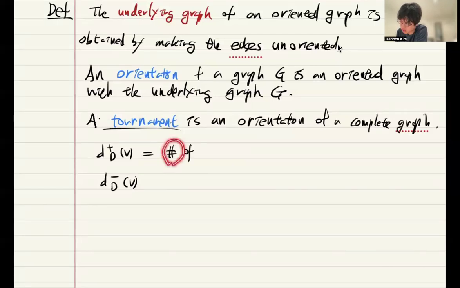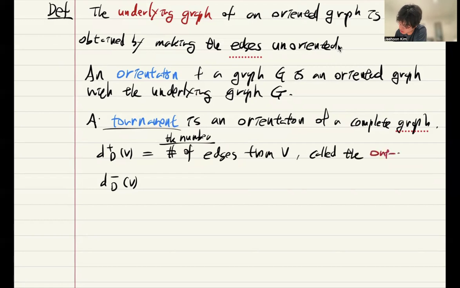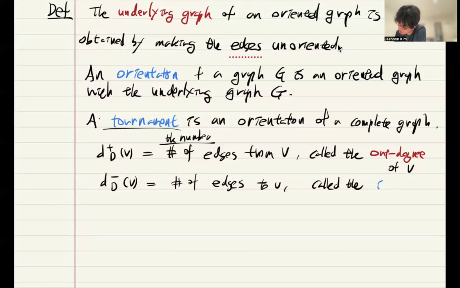When I write down this sharp, this means the number of edges from v, and it's called the out-degree. And this is the number of edges to v, and it's called the in-degree.